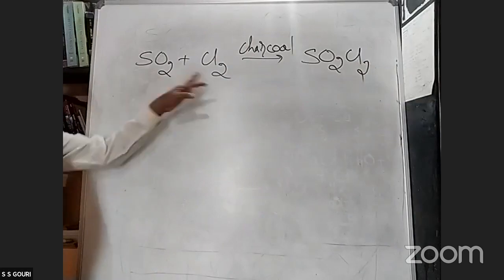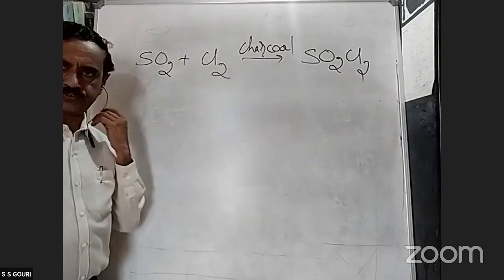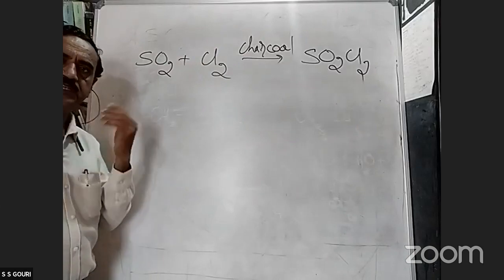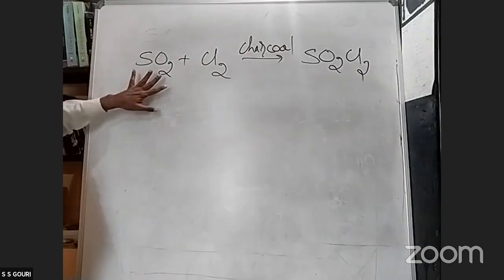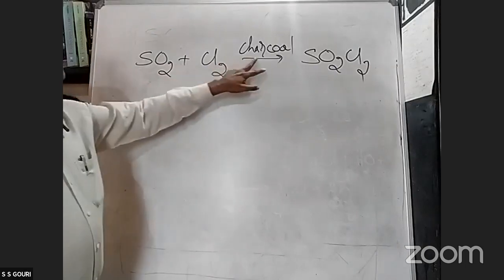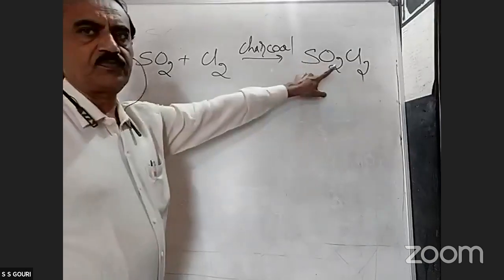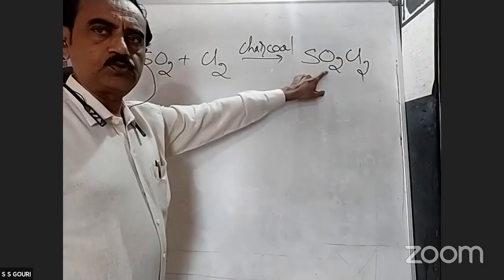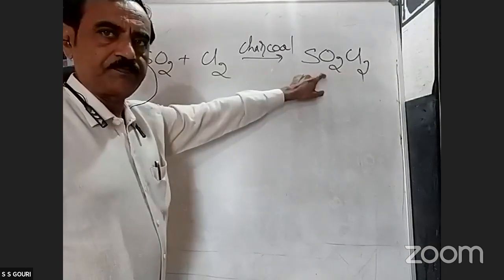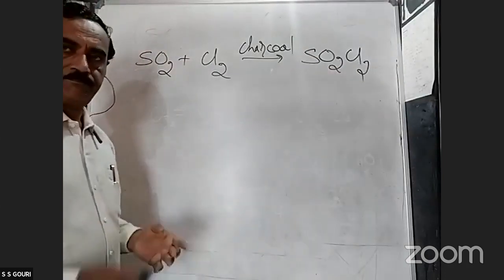So it is simply a combination of these two, and it is an addition reaction. Sulfur dioxide reacts with chlorine in presence of an activated charcoal catalyst to form SO2Cl2, which is called sulfuryl chloride.